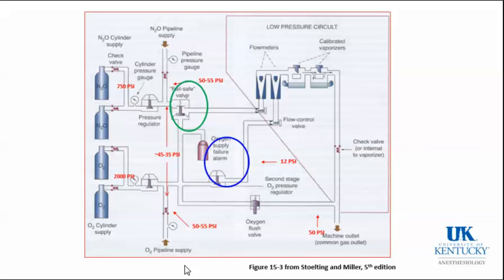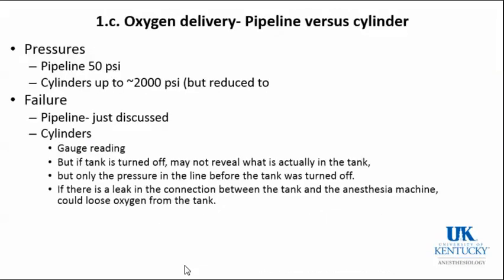And so it will stay at whatever it was when you first checked it. When you turn the tank off, it's not telling you what the pressure in the tank is. And if the tank has a leak, like where it's connected to the yoke, you could be misled as to how much pressure is in that tank.